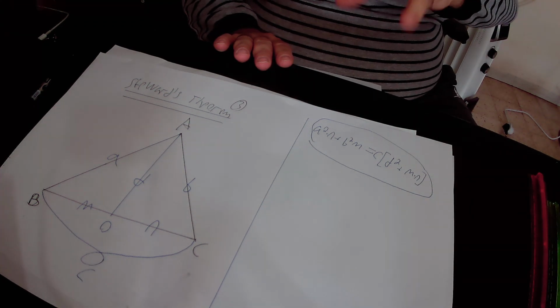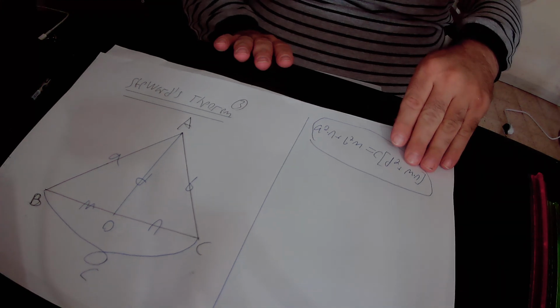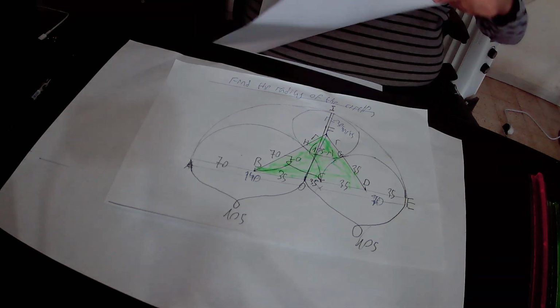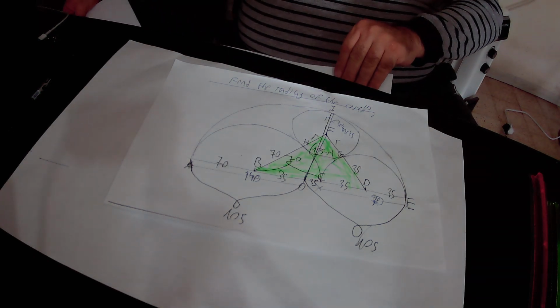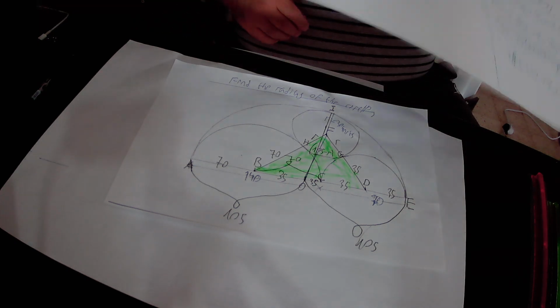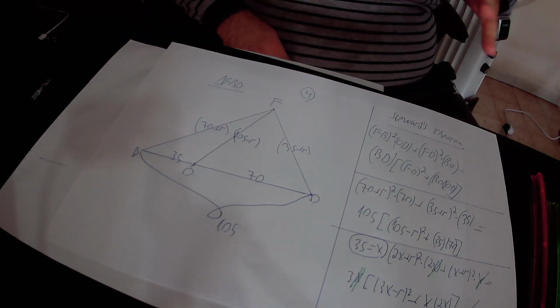So we can actually implement Stewart's theorem in our given triangle FBD. So I copy triangle FBD in a new page and we implement Stewart's theorem in this triangle FBD.